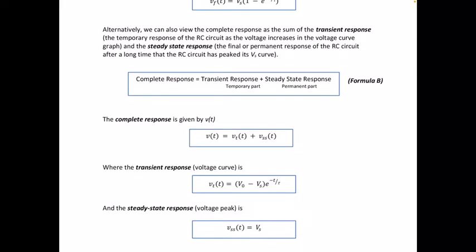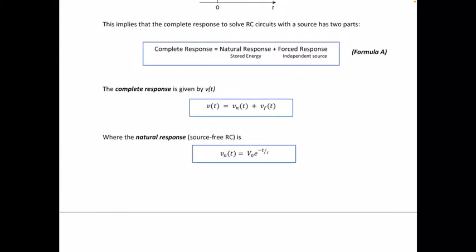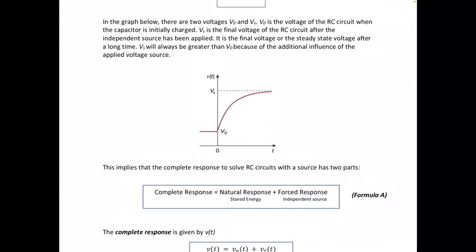So the complete response is given by V of t, which is equal to V sub t plus V sub ss, in which our V sub t is our transient response, which is the voltage curve in this case.